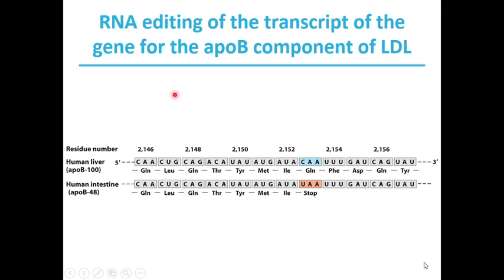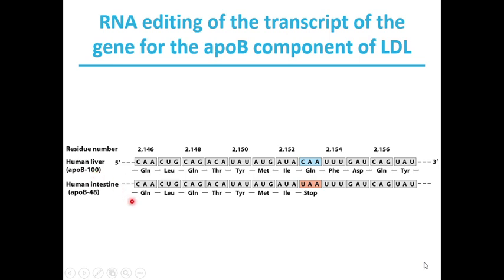In this case, the RNA editing of the transcript of the gene for the ApoB component of LDL is shown, and one form of apolipoprotein, ApoB100, is synthesized in the liver. A second form, called ApoB48, is synthesized in human intestine. Both are encoded by an mRNA produced from the gene for ApoB100.